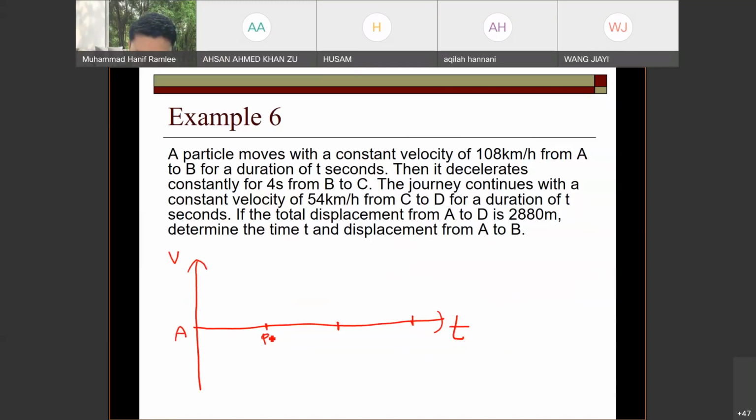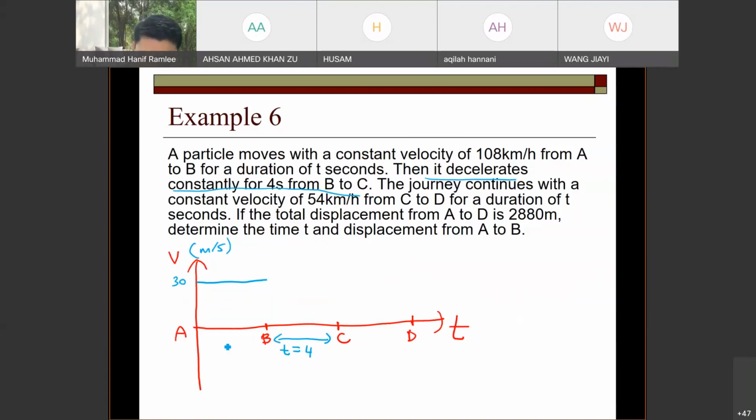You can put B, C, D. And then you can put the velocity from A to B, which is the constant velocity, 30 meter per second. Okay, from A to B here. And then it decelerates constantly for 4 seconds. We know that this B to C is 4 seconds.